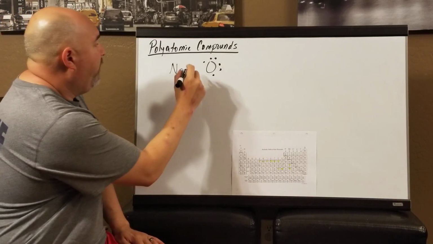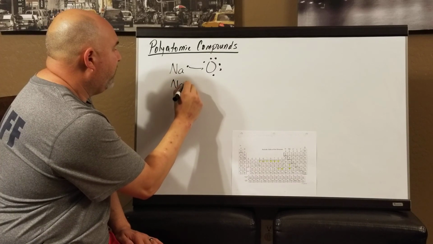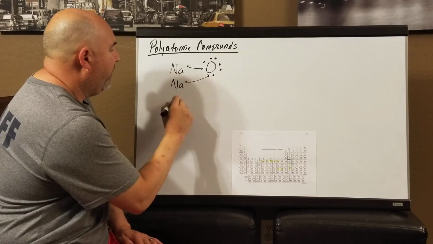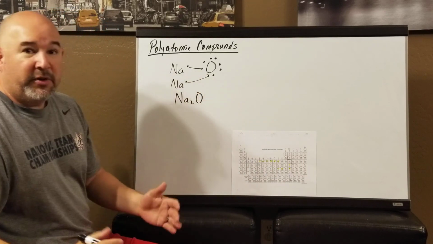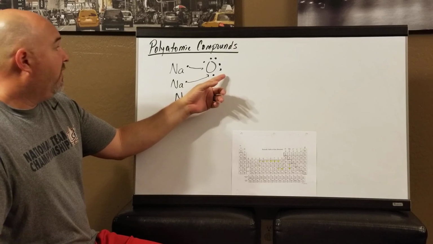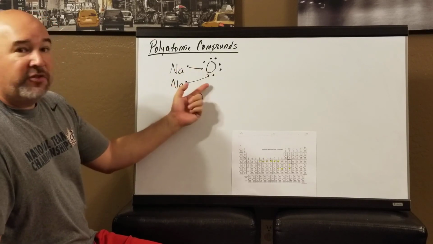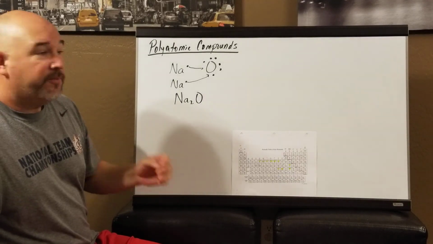This valence electron goes there, and this valence electron from a second sodium would go there, and we'd end up with Na2O. Perfectly fine. In this case, oxygen had this dot structure where it took on two electrons, and that's why this whole thing works. And we're used to that by now.